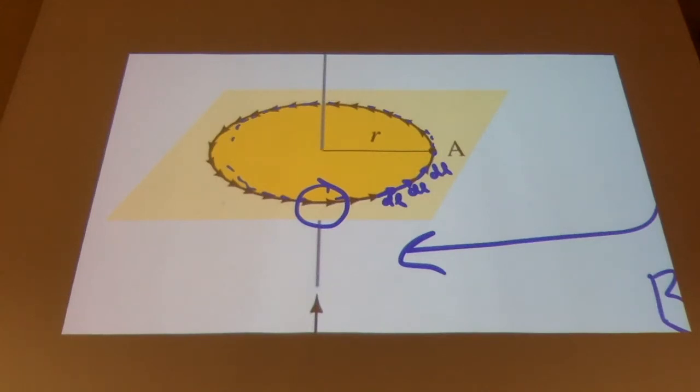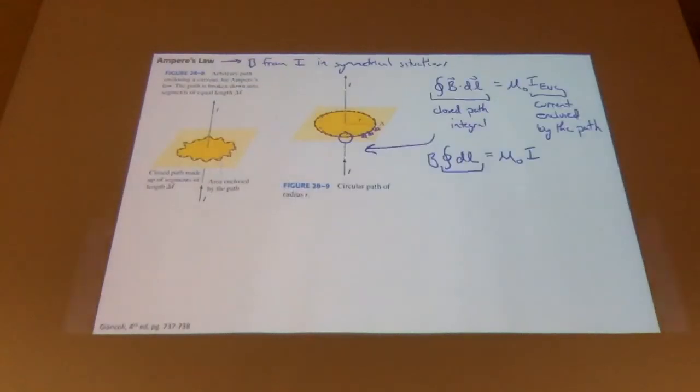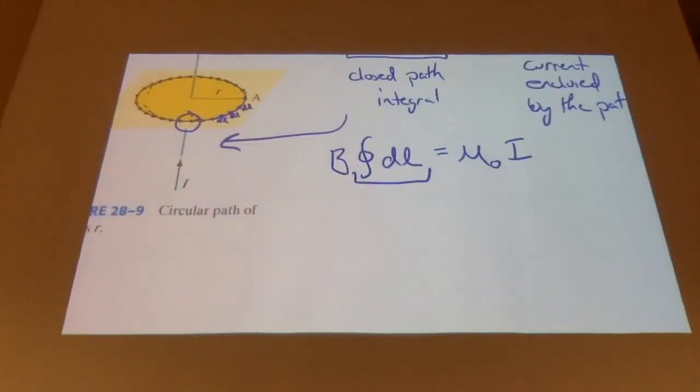Before we were doing surface areas and stuff. This time it's literally just how long is the path. If my path is a circle, the distance around the circle is the circumference, which means that this integral of dl is just 2 times pi times r, the circumference of a circle. So this is the length of the path.